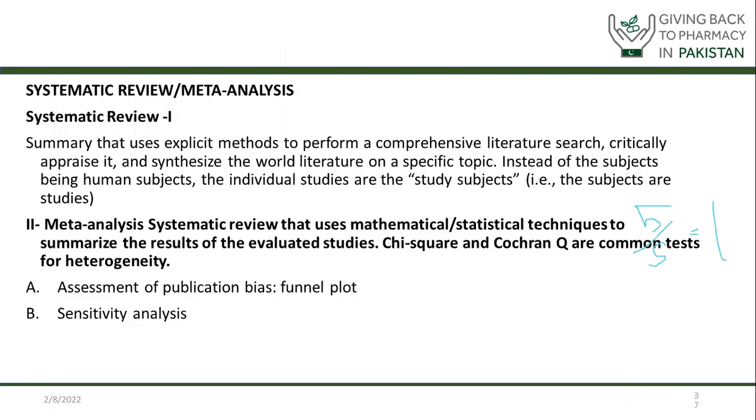So there are some systematic reviews and meta-analyses. These are actually mixtures of studies. What we do in a systematic review is take the same type of study. For example, we will see ibuprofen causing renal failure.